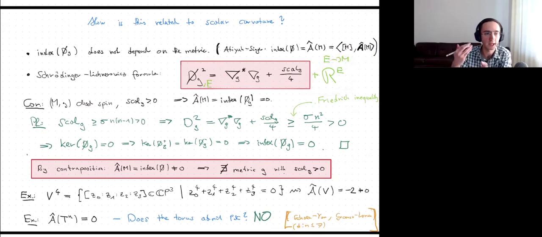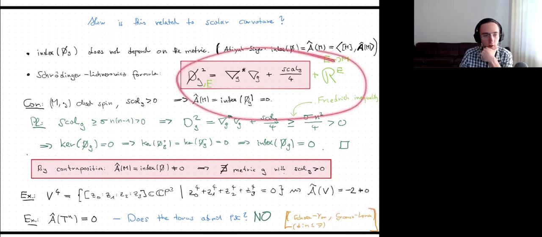And if you can extract non-trivial index information out of those, then you will be able to show that your manifold does not admit a metric of positive scalar curvature. So that's very roughly the extension of index theory that Gromov and Lawson used to find these obstructions.